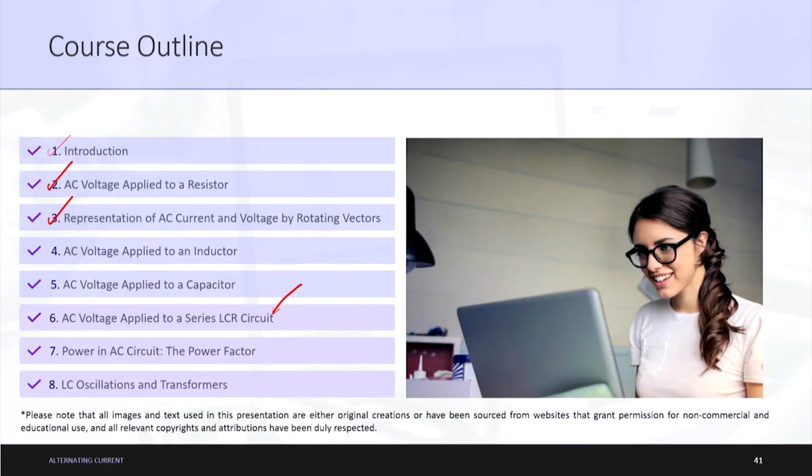After this phasor diagram, we understood AC voltage applied to an inductor, in which we got the value of current if V is equal to Vm sin omega t, and similarly AC voltage applied to a capacitor. After the individual cases were understood, we moved to the 6th topic, AC voltage applied to a series LCR circuit, in which we defined a new terminology called impedance, that is Z, which is equal to the square root of R square plus XC minus XL whole square.